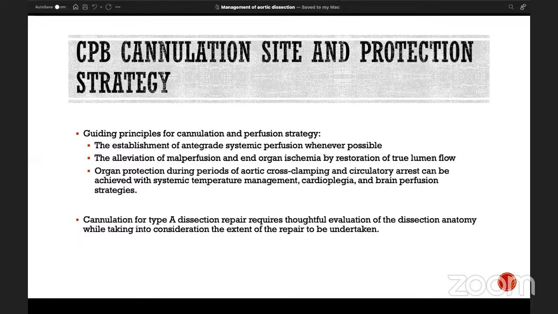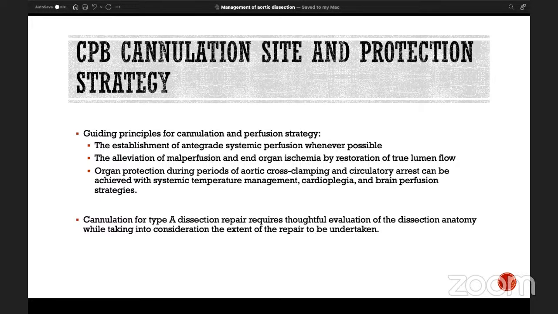Next step is the planning for the cannulation site and the plan of protection. As a general principle, cannulation and perfusion should establish an antegrade systemic perfusion whenever possible, alleviation of malperfusion and end organ ischemia by restoration of the true lumen flow, as well as organ protection during the period of aortic cross clamp and circulatory arrest.